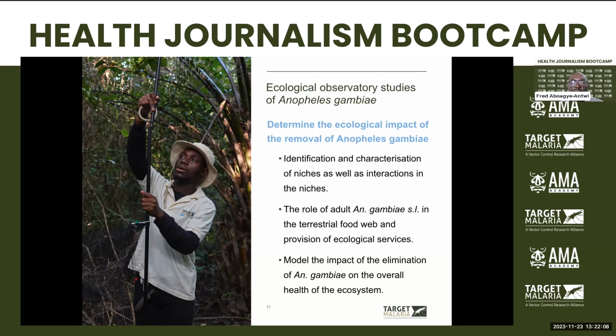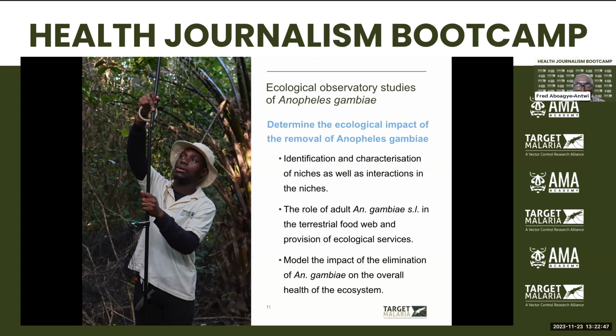And so our specific objectives are, one, to identify and characterize the niches and the interactions between organisms within those niches and the mosquito. And our second specific objective is to unravel the role of the malaria mosquito in the terrestrial food web.